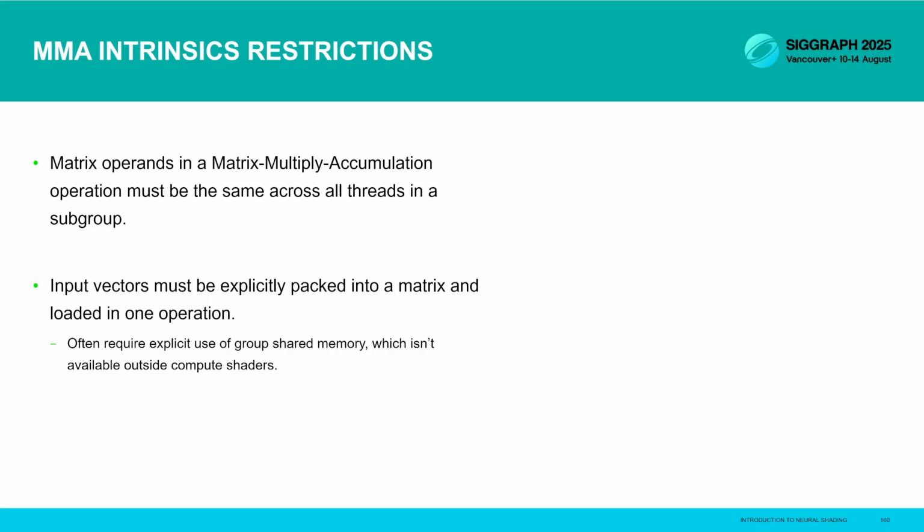For example, you can't call the matrix multiply intrinsic from an if-else branch. In addition, you must explicitly pack the input vectors computed from each thread to a shared memory location, so you express the computation explicitly as a matrix-matrix multiply in your shader code.